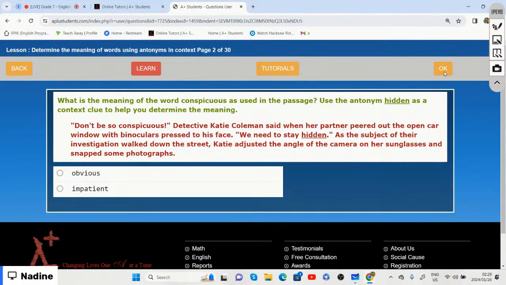We need to stay hidden. As the subject of the investigation walked down the street, Kathy adjusted the angle of the camera on her sunglasses and snapped some photos.